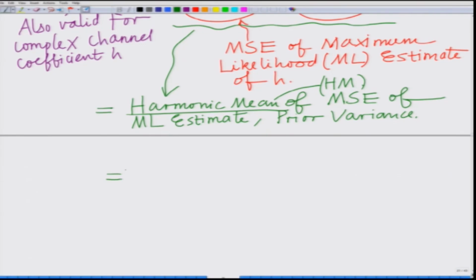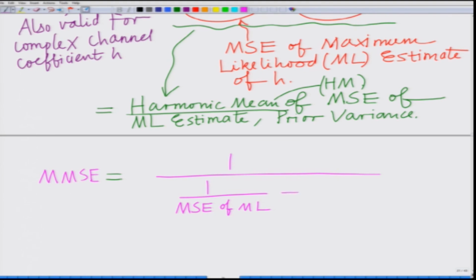The MMSE equals 1 over (1 over the MSE of ML plus 1 over the prior variance).